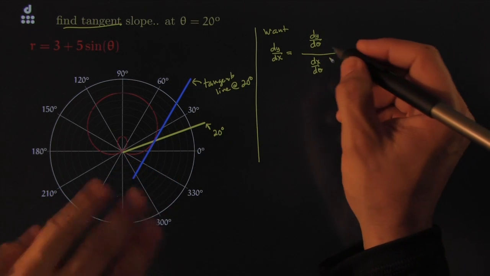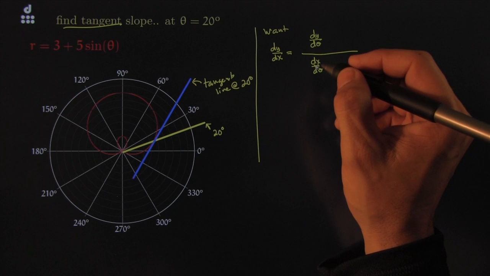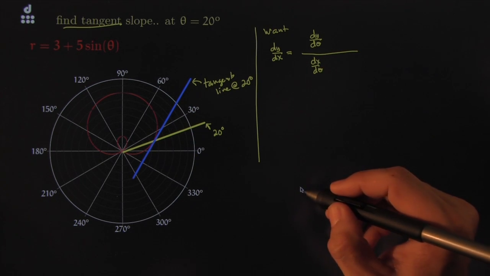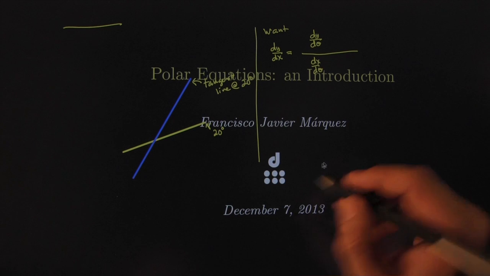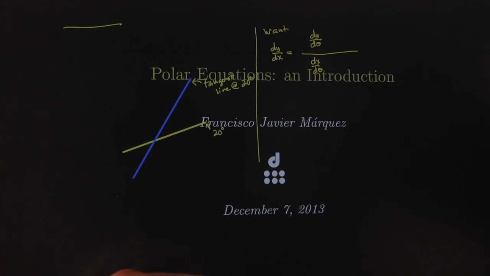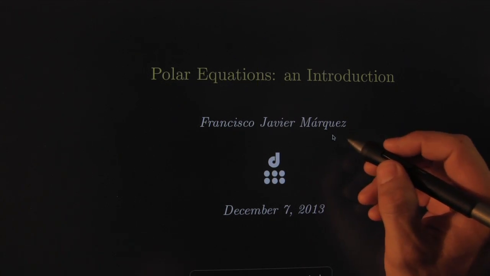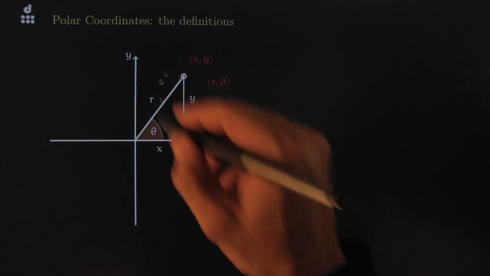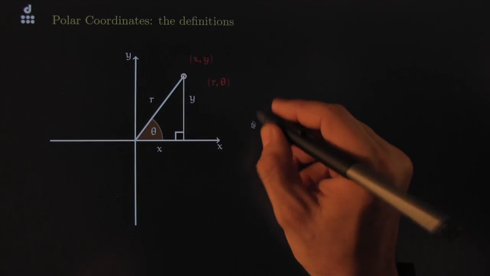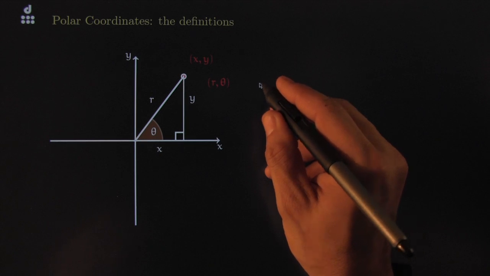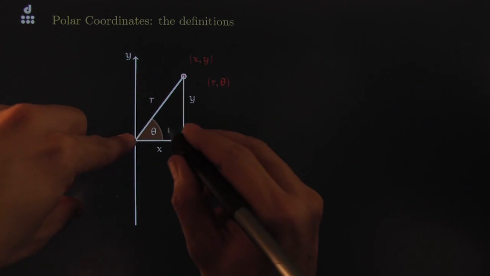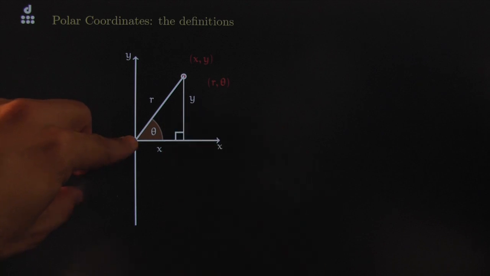And why in the world would we want to do that? Well, because a long time ago we had this triangle, and the dictionary to translate from x's and y's to r and theta was given by analyzing this triangle using adjacent over hypotenuse and whatnot.